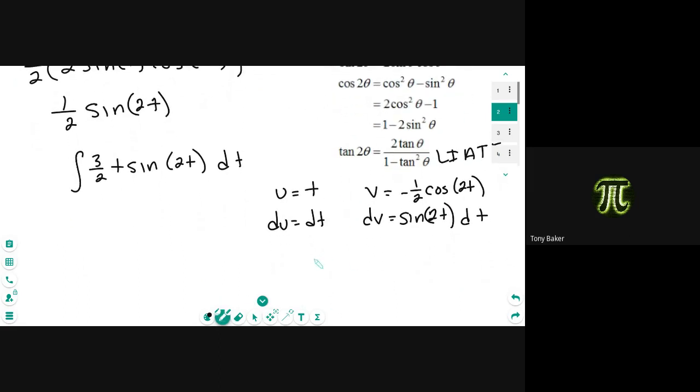All right, so the integral of u dv is uv minus the integral of v du.